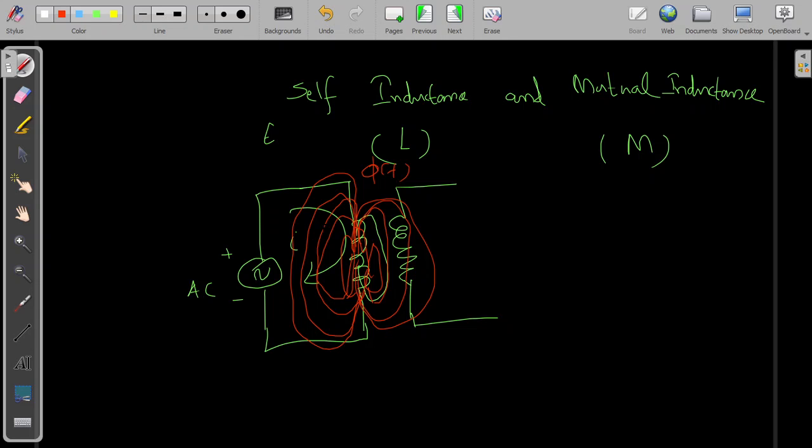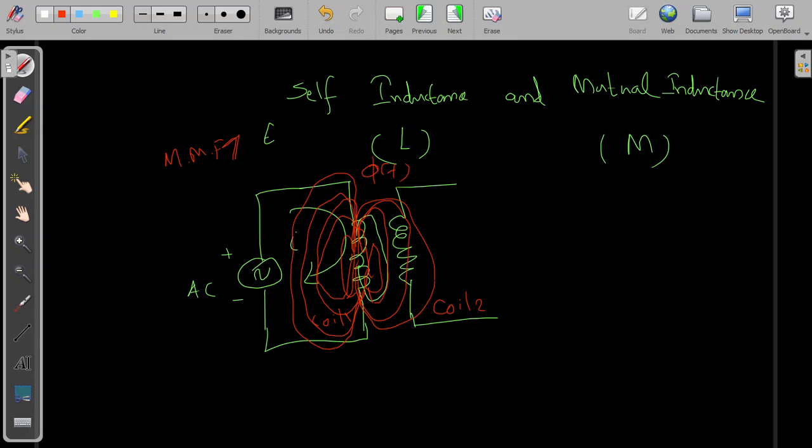So I changes, which means the magnetomotive force changes, and mmf divided by reluctance is the flux. Reluctance is constant for a particular path for this coil, so when mmf changes, flux also changes with respect to time.